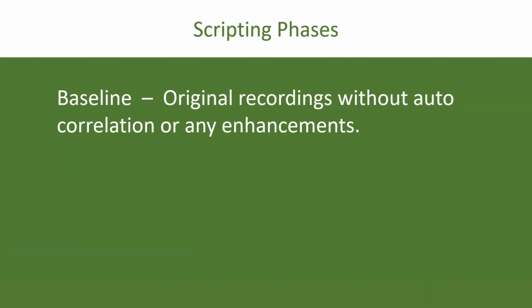If we just continued with that step, it would go ahead and apply autocorrelation. We don't want that to happen with the first ever recording. We would like to retain the baseline as it is. This is the first phase.